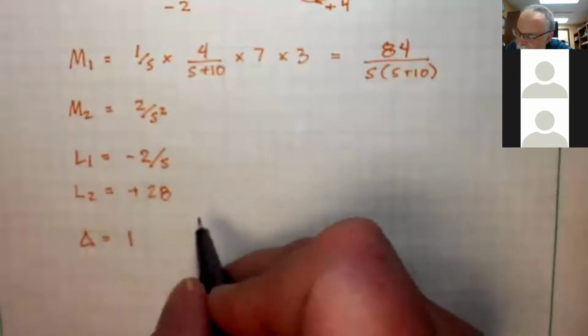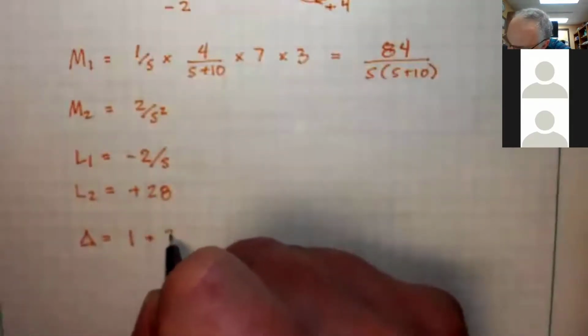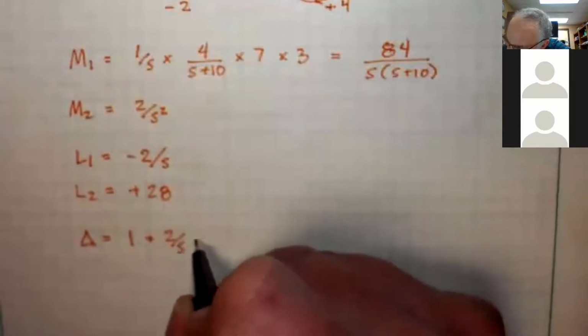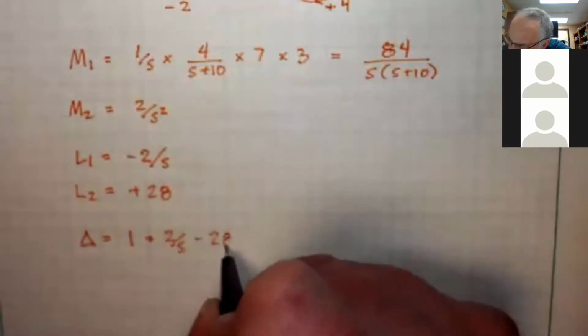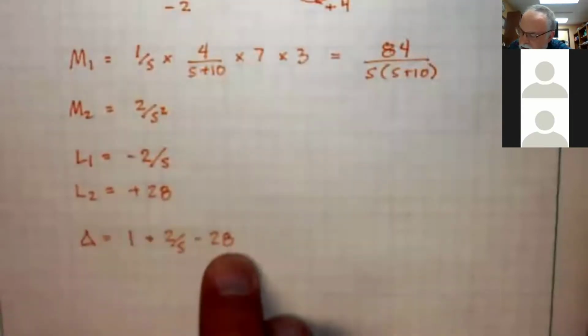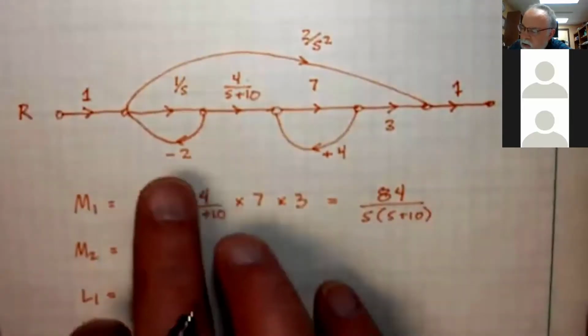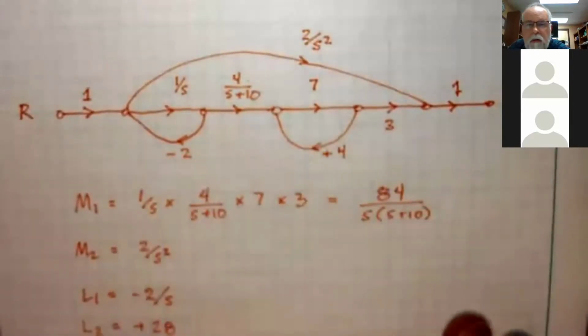And now we take our individual loop gains and we're subtracting them. So that's plus 2 over S minus 28. Because that's a plus 28, so that has to be a minus 28. And then are these two loops touching, L1 and L2?